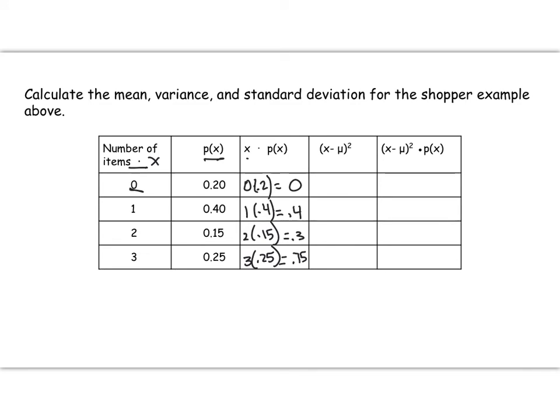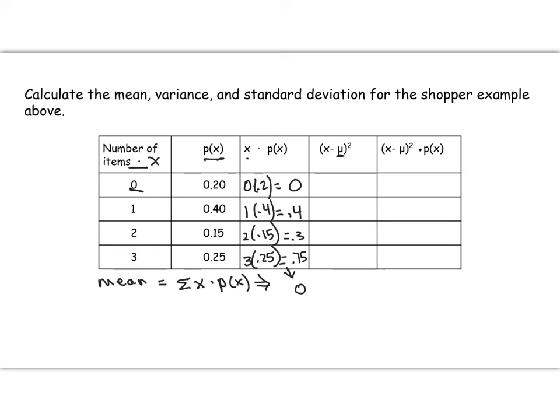So I need to calculate the mean before I can calculate that third column, because if I don't, I won't have the mean to put in there. So the mean is going to be the sum of x times the probability of x. So we're going to take all of these values from this column here, and we're going to add them up.